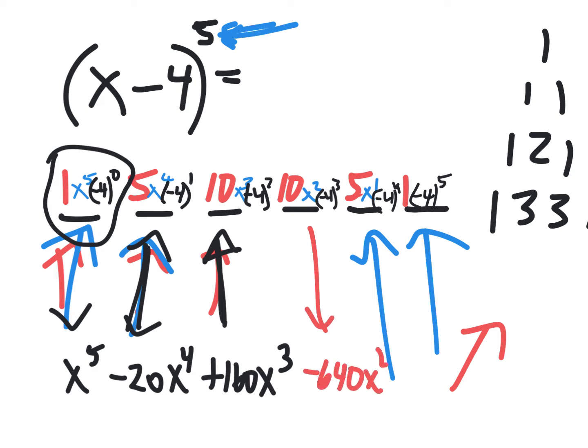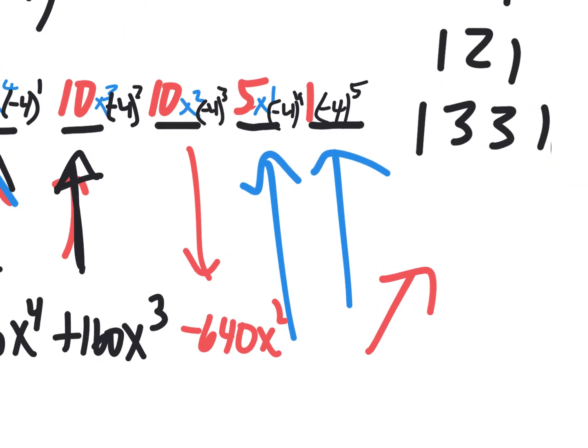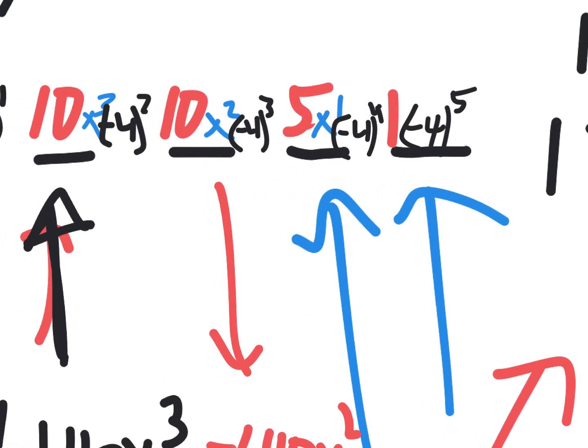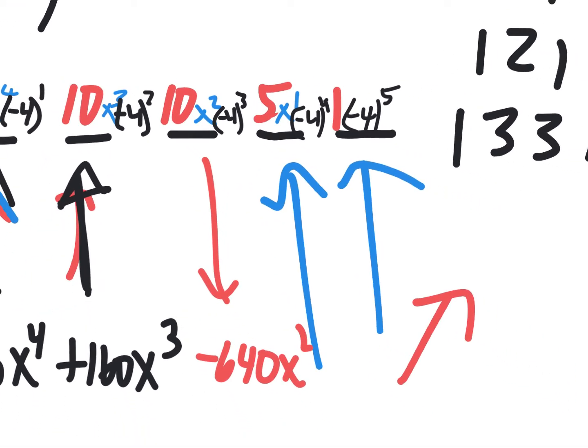And the second to last term, Zodi. The second to last term would be x to the 1, but negative 4 to the fourth. Sorry, I meant negative 4 to the fourth. Okay. And you're obviously typing it in on the calculator.